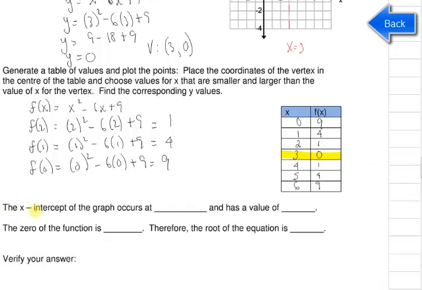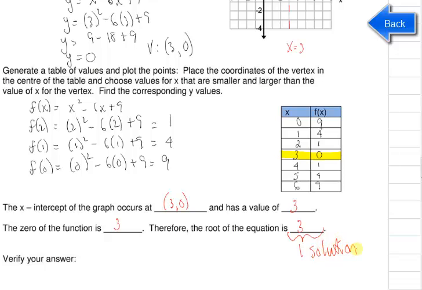So the x-intercept of the graph occurs at the point 3 and 0 and has a value of 3. The 0 of the function is 3. Therefore, the root of the equation is 3. Okay, so this means that you have one solution.